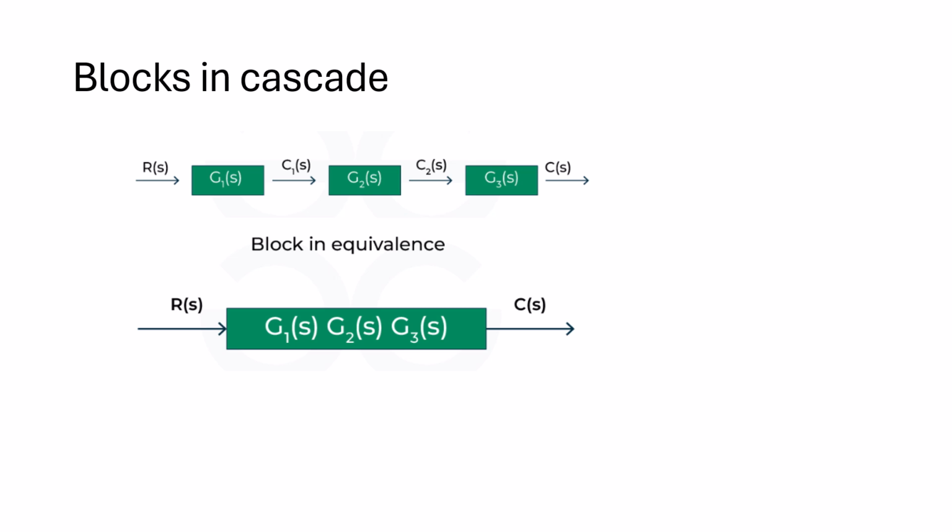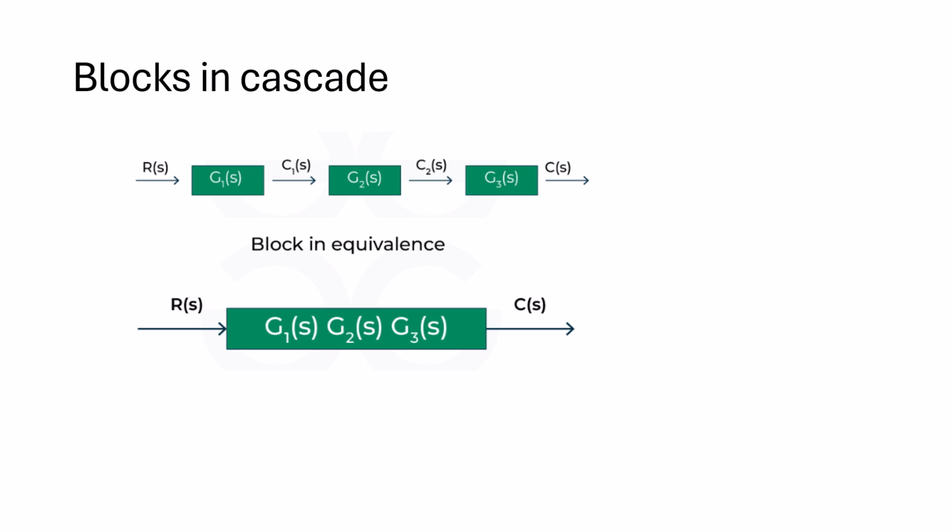Here we can see we have three blocks G1(s), G2(s) and G3(s), connected in series, or connected in cascade. If you reduce this into a single block, then it will be G1 into G2 into G3.